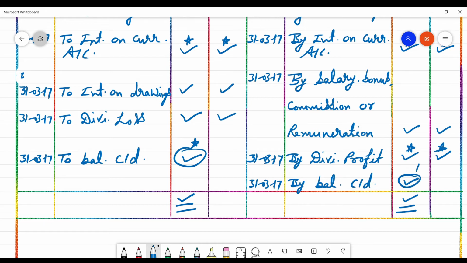If other partners' credit side balance is more than the debit side, then balance carried down in the debit side. If debit side's balance is more than the credit side, then balance will be transferred to by balance carried down. This was the specimen by fixed capital account method.